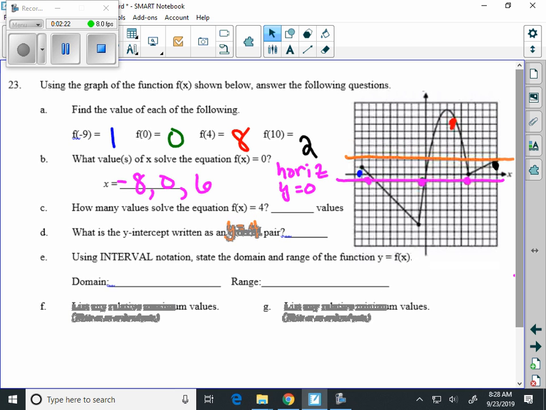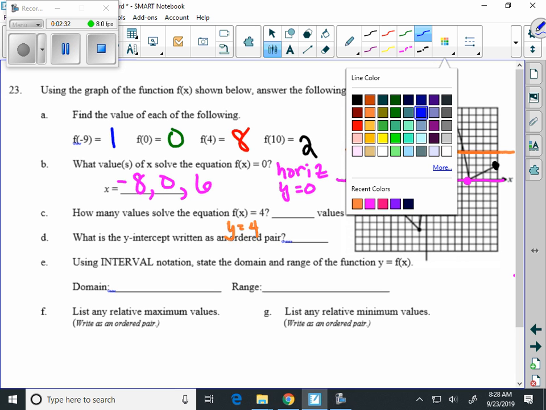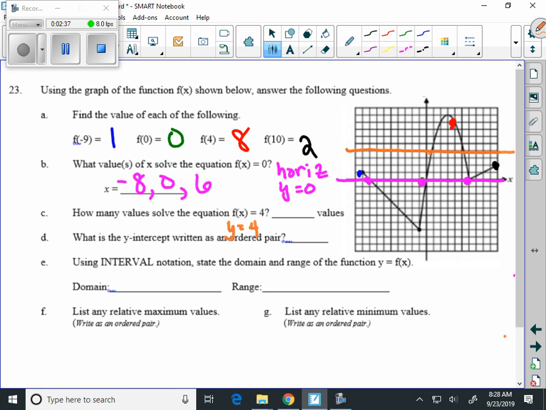There we go. And once we have that, what we're looking for is how many times does the equation cross there? Well, it crosses at this point and that point, which is 2 times.